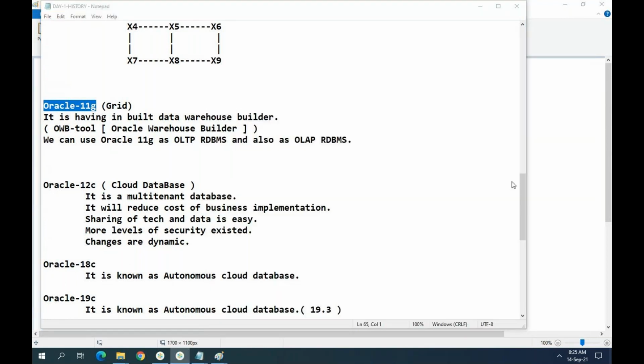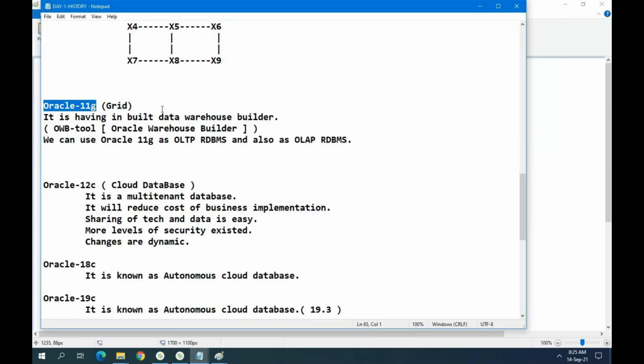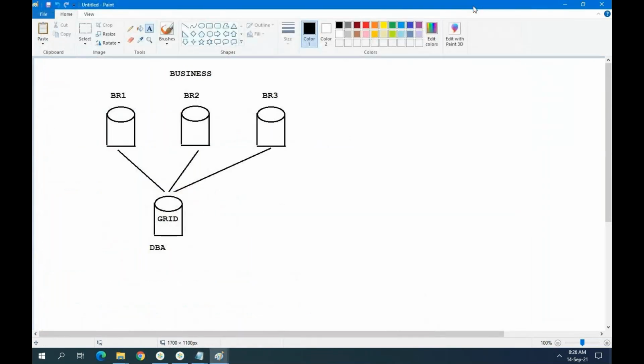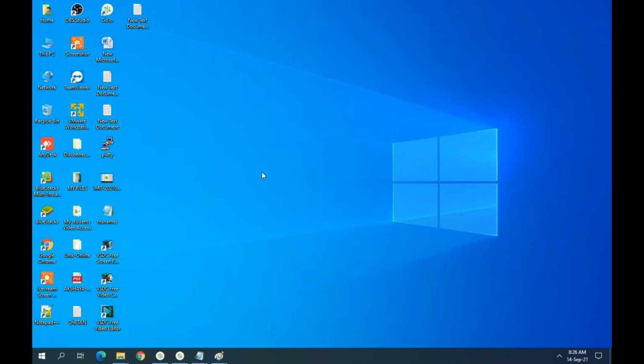You can use this database as a transactional database as well as an analytical database. Let us see what OLAP is and what OLTP is.